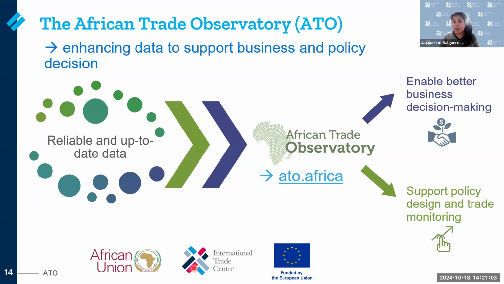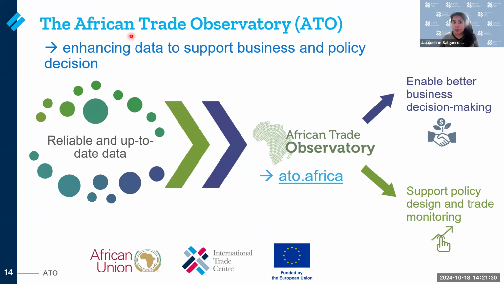For businesses, because at the end of the day, businesses are the ones who will be trading and need access to this information, but not information from the last 2 years. They need information from last year or from last month to be able to make the right decisions and to identify these new opportunities. And on the other side, government officials also require this information to be able to support companies and to make strategies that will help them benefit from those initiatives.